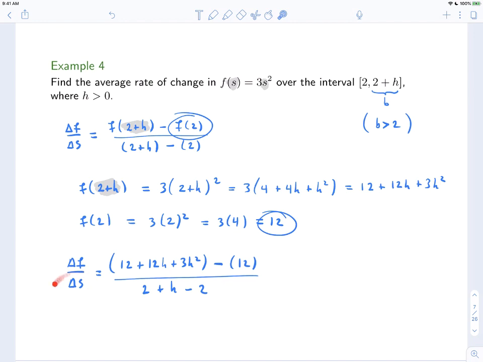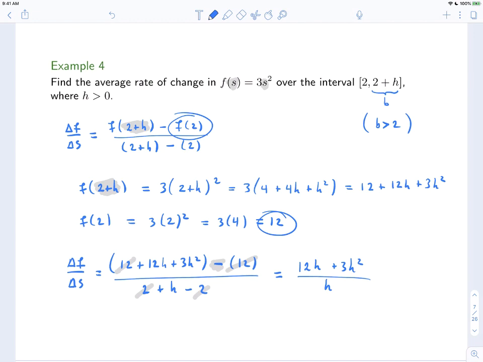The difference between the s values is 2 plus h minus 2, and so of course these 2's are going to cancel. That's not the only thing that cancels. In the numerator we have a 12 here, and then we're going to subtract this 12. So those are going to cancel as well. So we end up with 12h plus 3h squared divided by h.